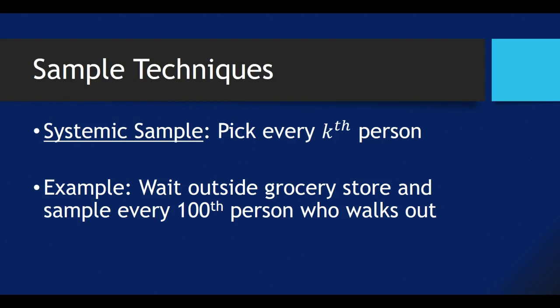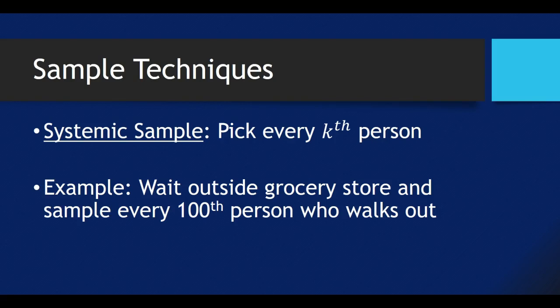Now that's slightly different than a systemic sample. A systemic sample is one where we pick every kth person. Now, what I mean by kth, k can be any number. And the reason you would do a systemic sample is because random samples aren't always really nice and easy to get. So for instance, if I want to figure out what people are buying at a grocery store, it would be very inefficient to try to get a random sample.